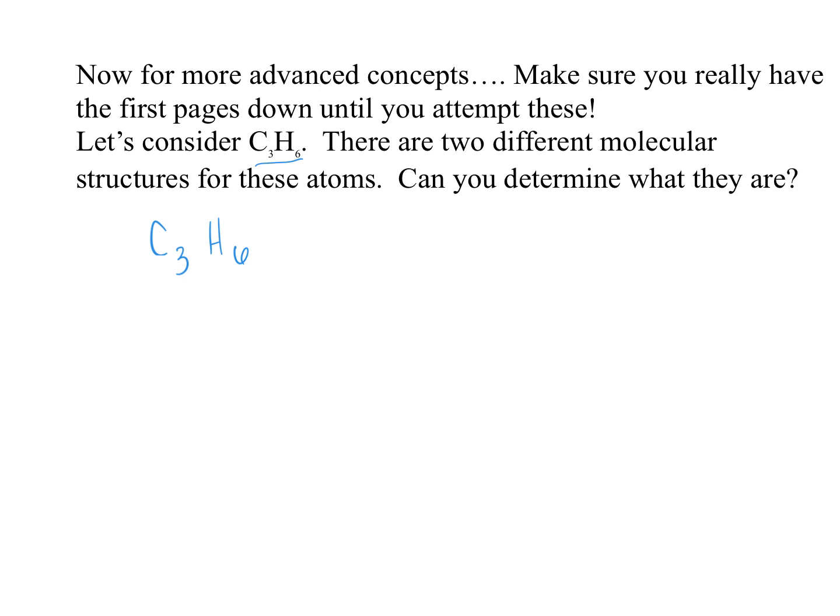We have 2 less than that. We have 6. So that's 1 degree of unsaturation. Remember, we said that we can fulfill that by either having a double bond, or if we have a double bond already, we can have a triple bond as the next thing, or we can have a ring. So those are our 2 options.